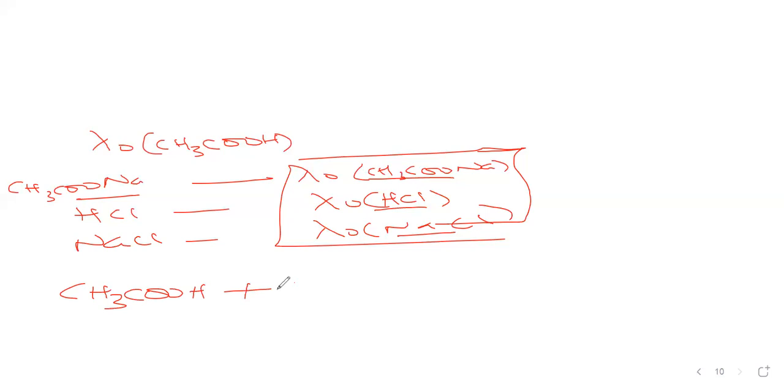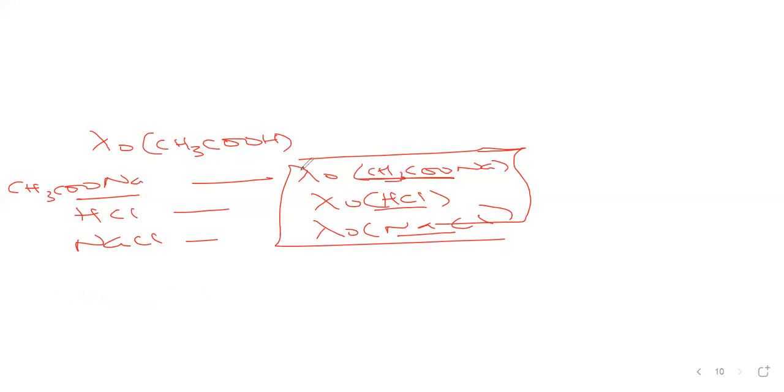React ethanoic acid plus which compound here? I may not be able to react, so I may not get it by an equation, but necessarily I have to play around with these values. How can I play around with them to get the molar conductivity at infinite dilution of ethanoic acid?